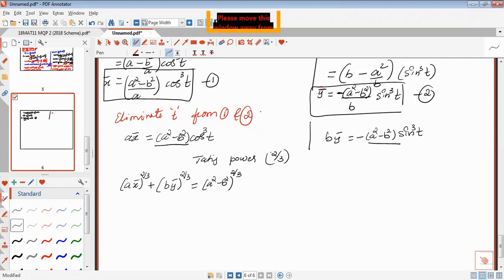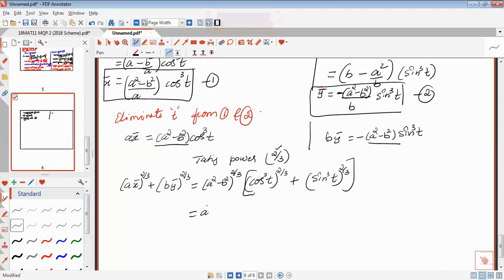Even a negative on squaring is positive. And the remaining term here is cos cube t to the power 2 by 3 plus sin cube t to the power 2 by 3.